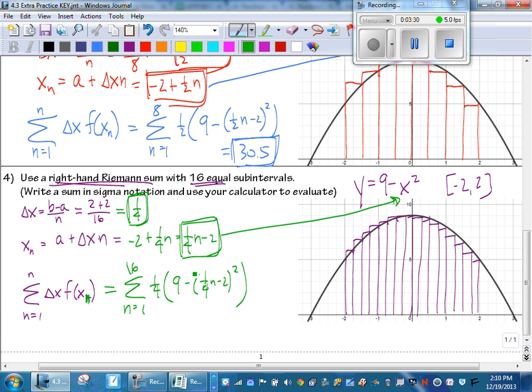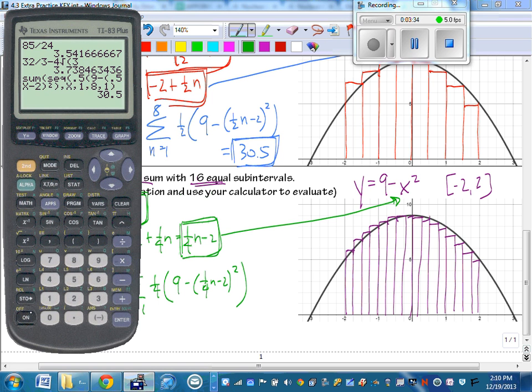So if we want to go ahead and put this in our calculator, we're going to second stat, math, number 5, sum, second stat, ops, number 5. We want to put in this expression, so we have 0.25 times, in parentheses, 9 minus, parentheses, 0.25x minus 2, parentheses, squared.